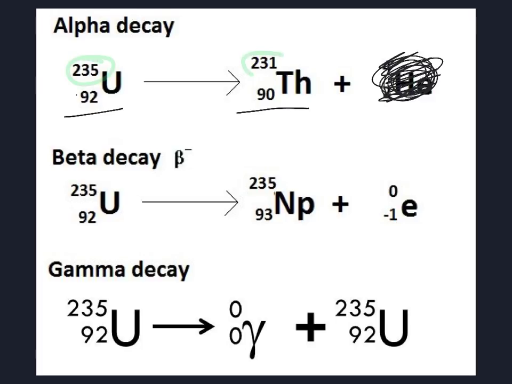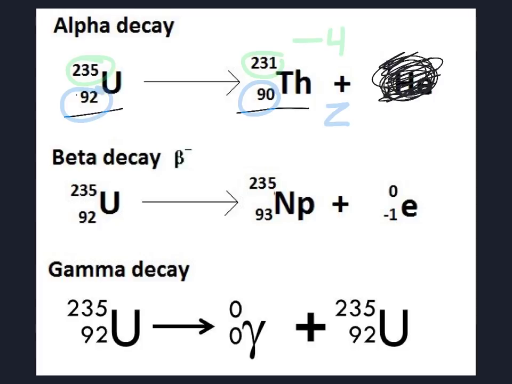We had 235 and we have 231, so the mass number went down by 4. So something happened with 4. And then we have the atomic number, which went down by 2. So what particle do we know that has a 4 for the mass and a 2 for the atomic number? Oh, well that's easy. That was our helium particle here.